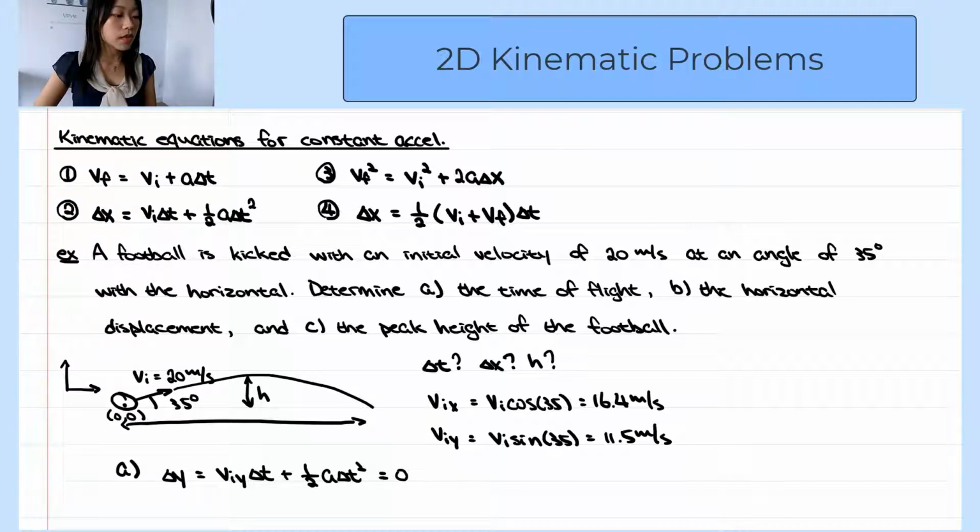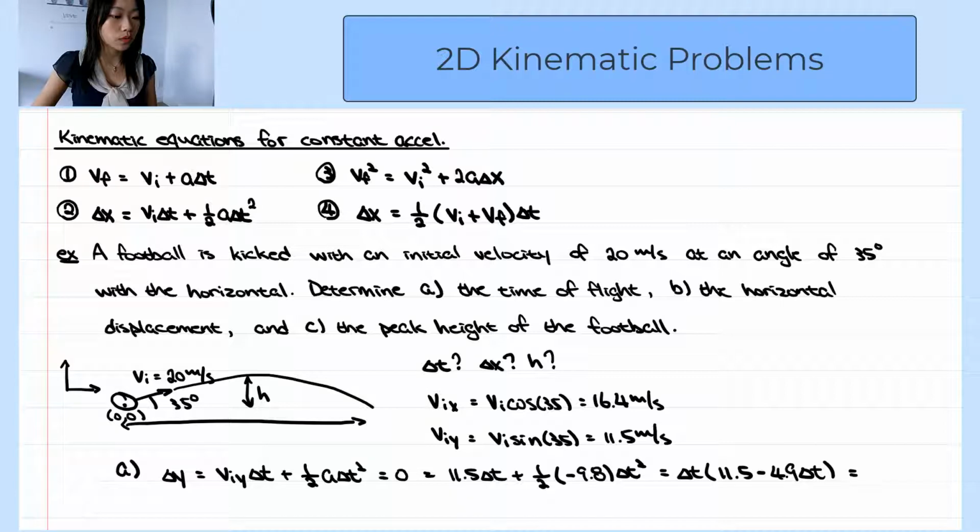And initial velocity in the y direction is 11.5 meters per second times delta t plus half times the acceleration in the y, which is negative 9.8, times delta t squared, which equals delta t times 11.5 minus 4.9 times delta t.